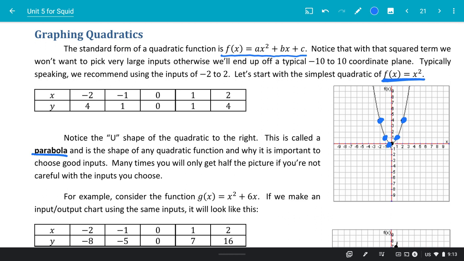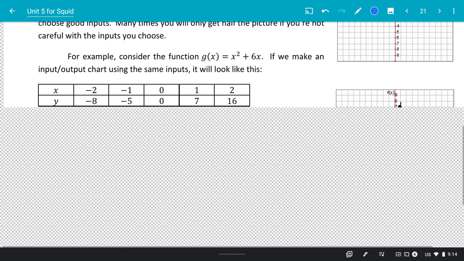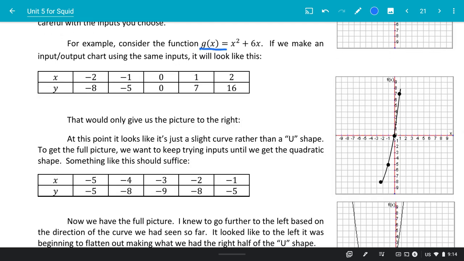And it's why it's important to choose good inputs. Many times with quadratics, you'll only get half of the picture if you're not careful with the inputs that you choose. For example, consider the function x squared plus 6x.